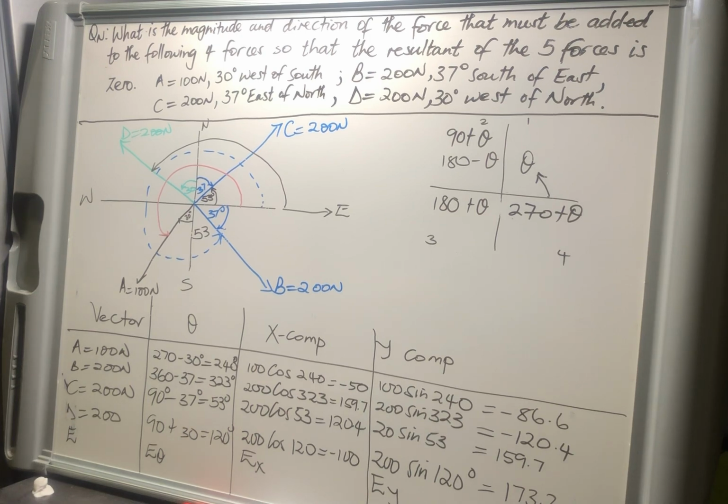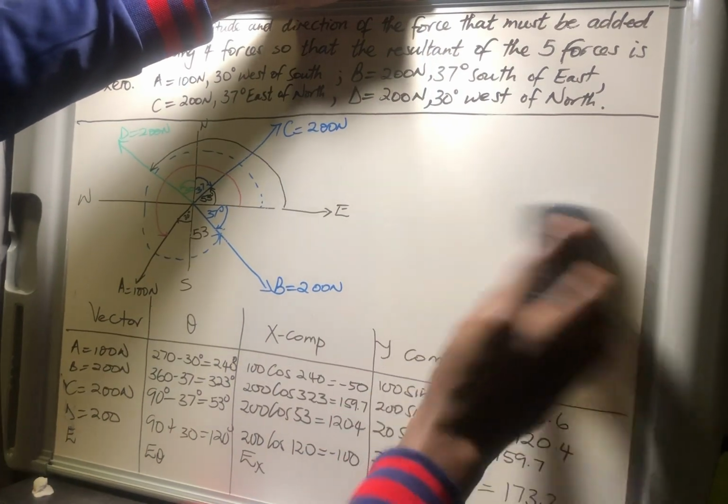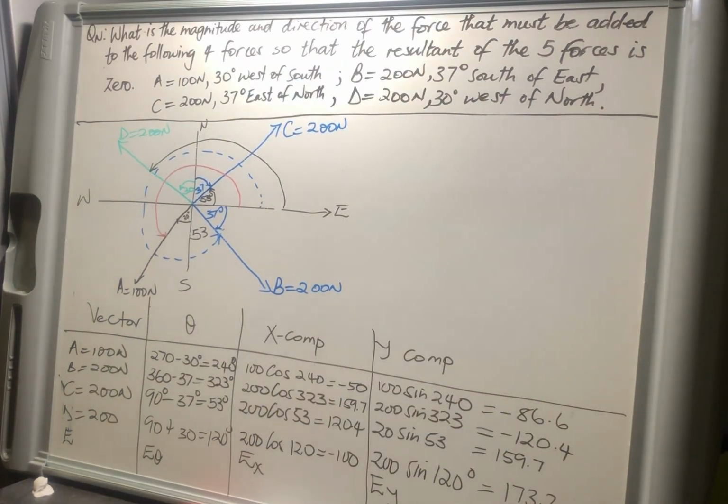So let me copy the answers here, because I'm going to erase these things. So I'm going to add all the X components and get one value, and all the Y components and get one value.